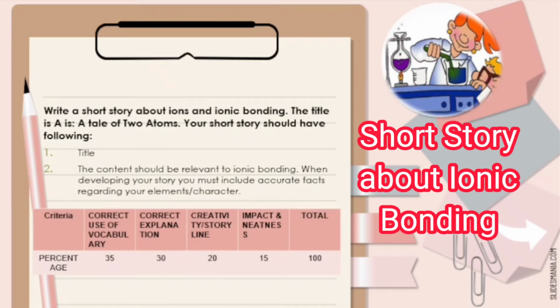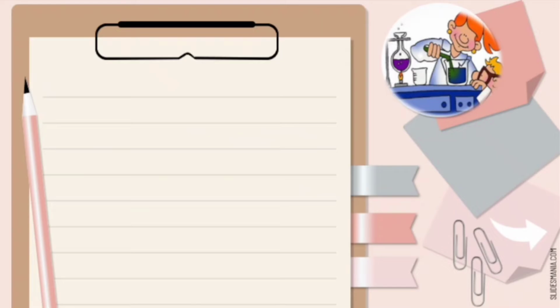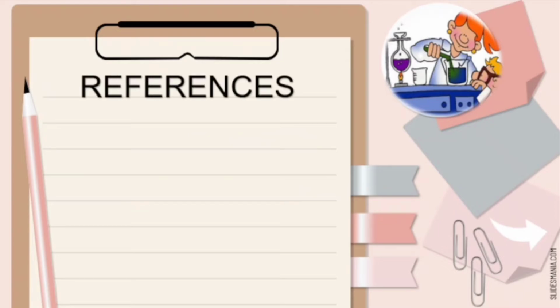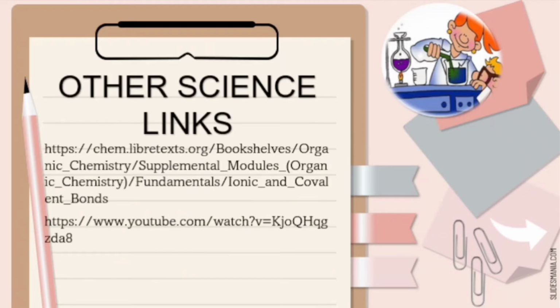Or you can write a short story about ions and ionic bonding. If you want to study more about ionic compounds, these are the references, and you may also visit the given links.